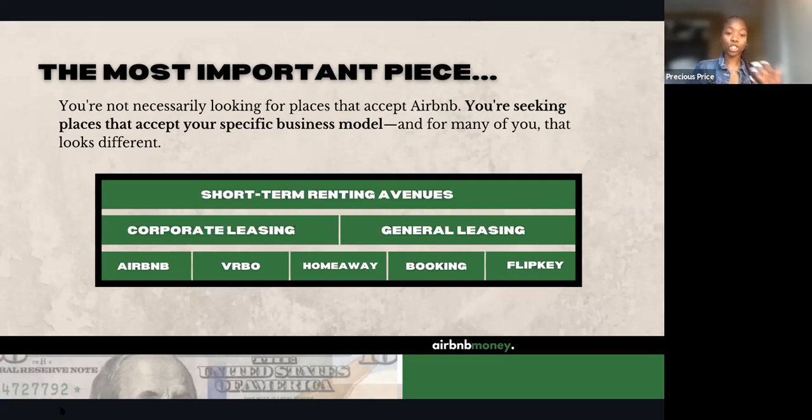The other route is general or standard leasing. Some people refer to it as personal leasing. This is when you are utilizing your own name and your social security number, and they are specifically going to be pulling your information. Those are the 2 ways that you're able to get started. Both of these avenues are part of rental arbitrage, which is a term that some of you may have heard already.